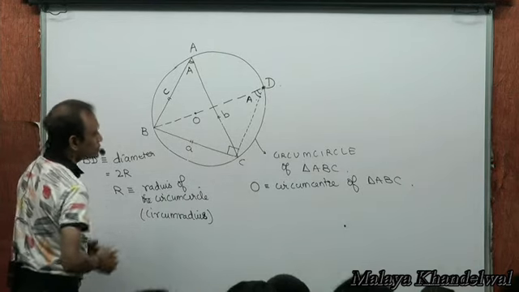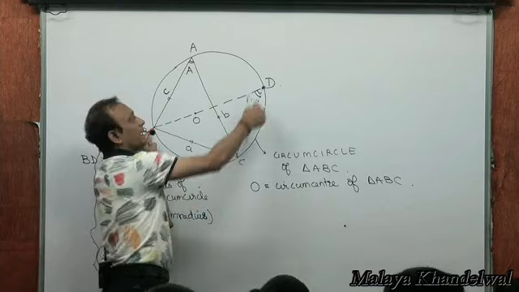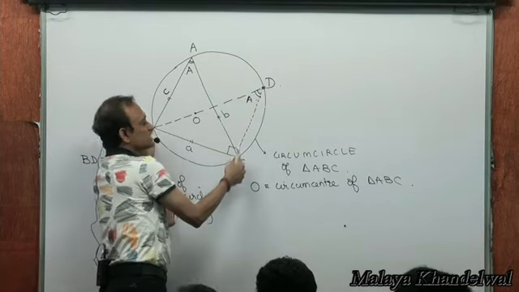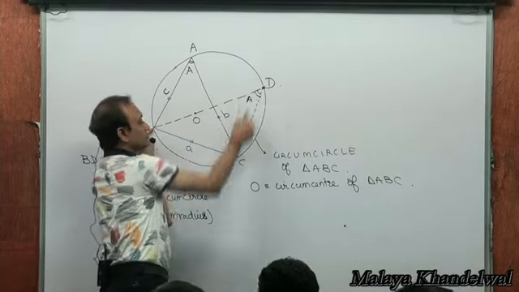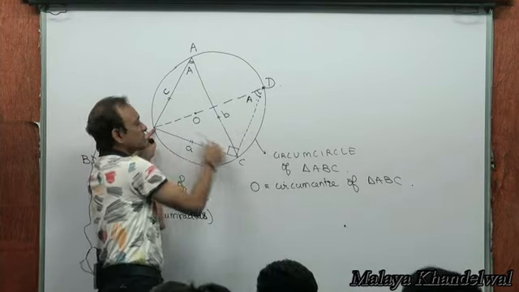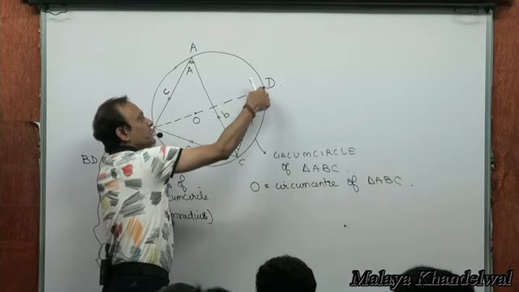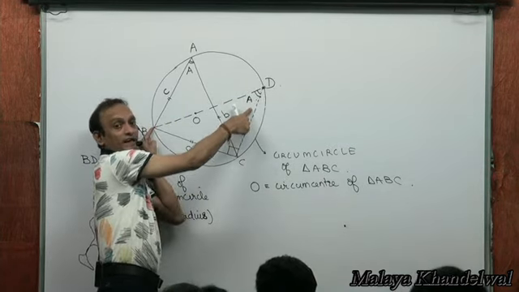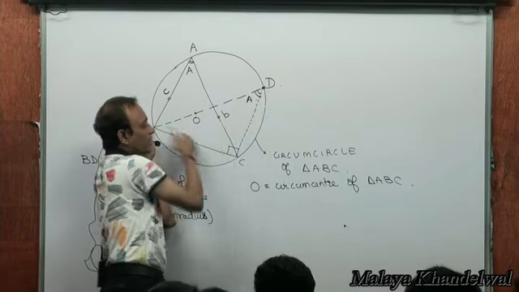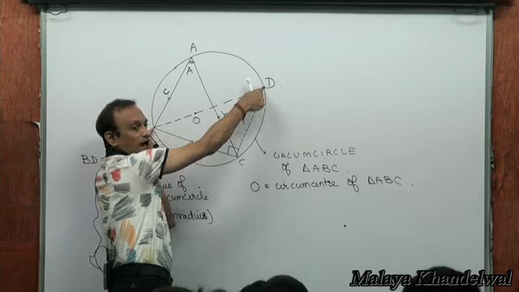Now, do you realize that this is small a and this is 2R? Small a by 2R is sine A. Yes or no? Look at this right angle triangle BCD. In this triangle BCD, this is the perpendicular, this is the hypotenuse.